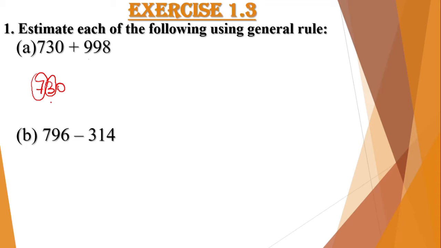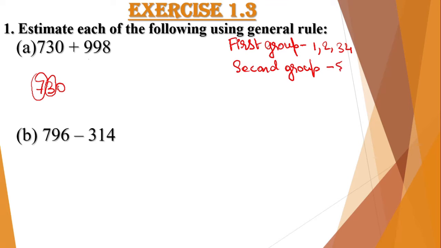Now I should check the second circled digit, which is 3. In the first group, we have 1, 2, 3 and 4. And in the second group, we have 5, 6, 7, 8 and 9.